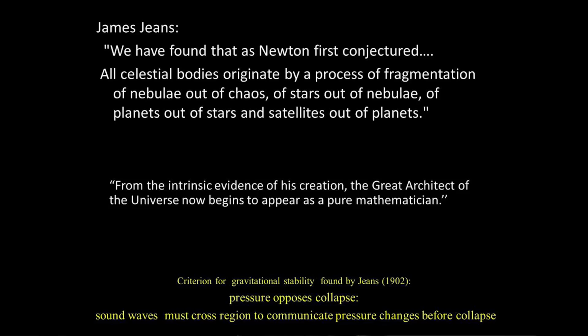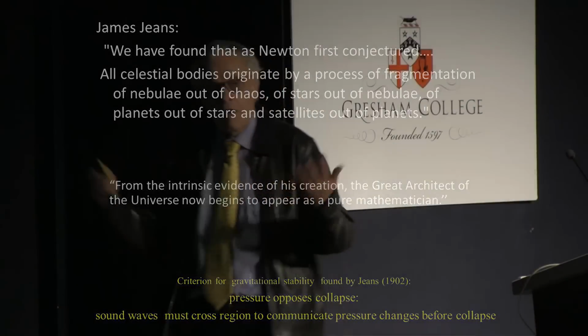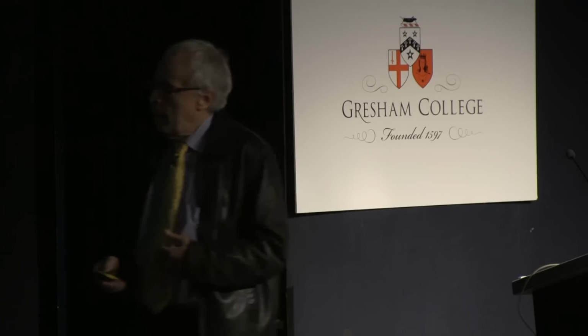Okay, and this scientific theory was that you would automatically break up, because of gravity, into lumps, okay, that could potentially be the planets and the stars. So his view was that he can make planets, stars, etc., out of initial chaos. And he said, the great architect of the universe now appears as a pure mathematician, right? So that was a different perspective.